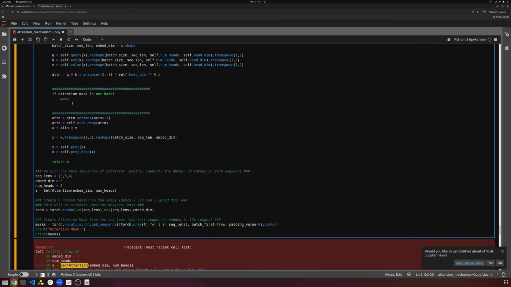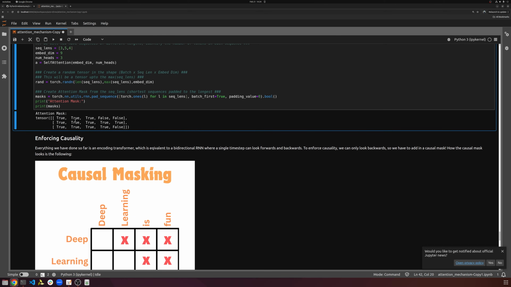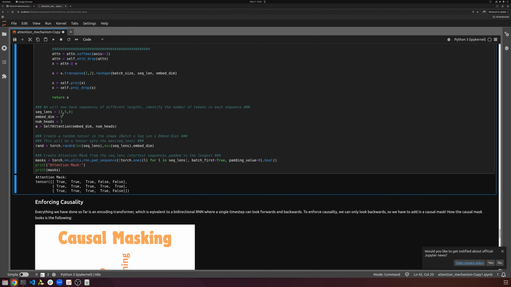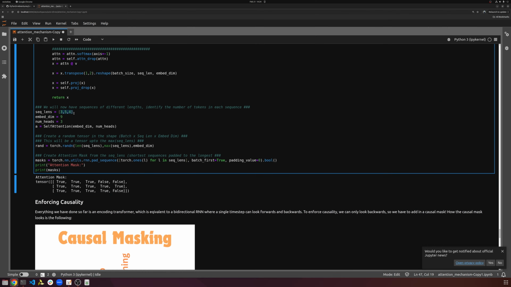All right, so what I've done is I've created a list called sequence length: 3, 5, 4. My embedding dimension I want 9, and I want 3 heads. Keep this simple. And so I go ahead and create a random tensor in the shape of my data, batch by sequence length by embedding dim. So there's no problem there.